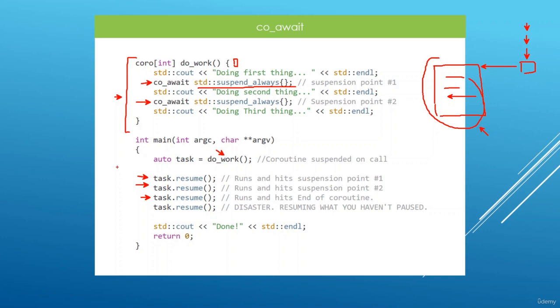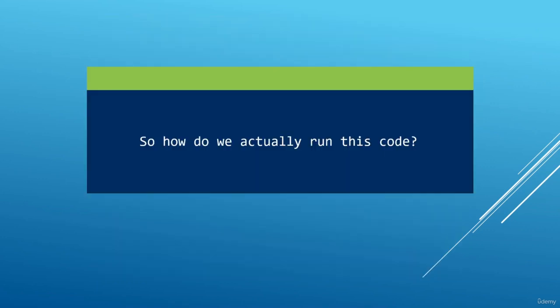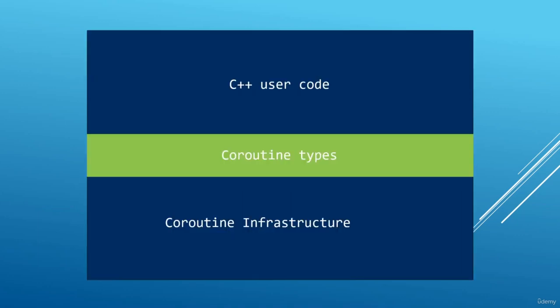Now, we have seen a lot of code about these operators, but you must be asking, how do we actually run code like this? And I hate to break it to you, in C++20, we don't have coroutine types we can use to run code like we have seen using the coroutine operators we have learned about. And those are co-return, co-await, and co-yield.